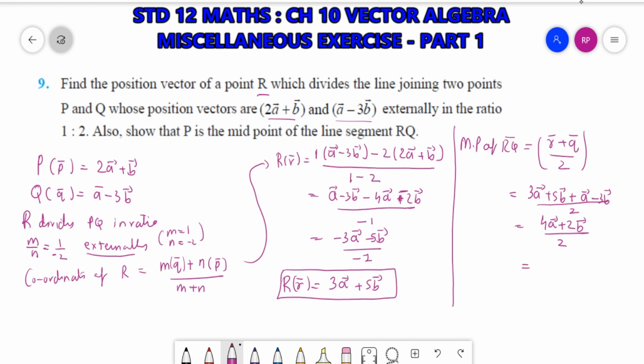So this will be equal to 2a plus b, and this is equal to point P. So clearly P is the midpoint of RQ. Clear? So this was about question number 9. So just note it down.